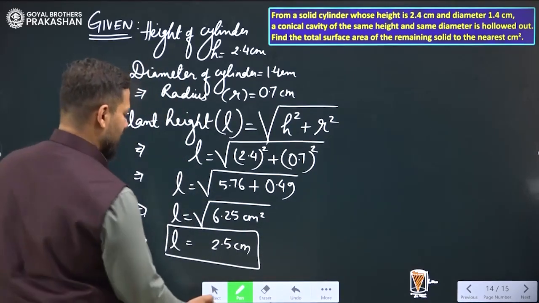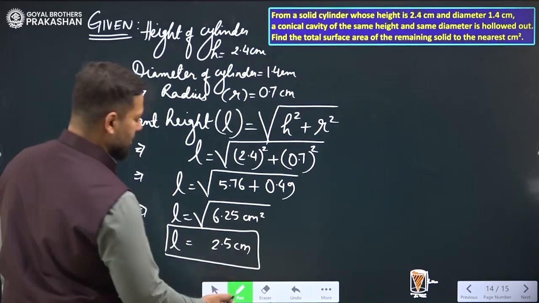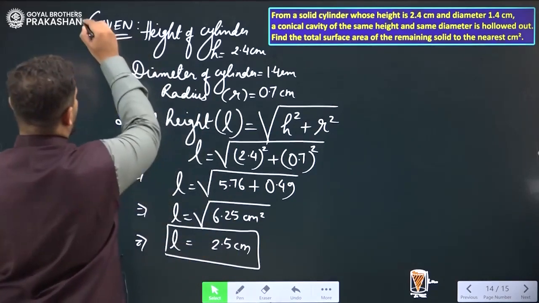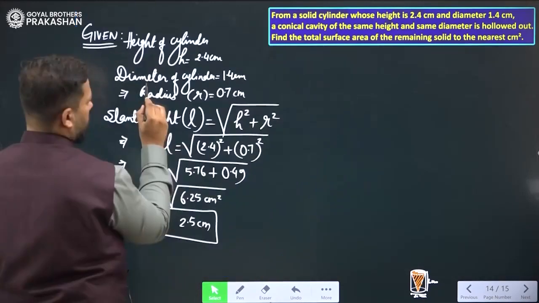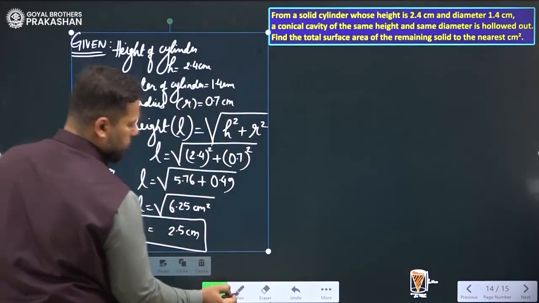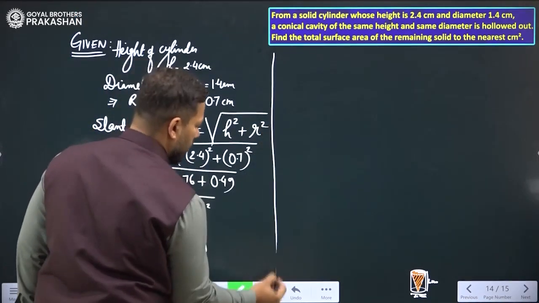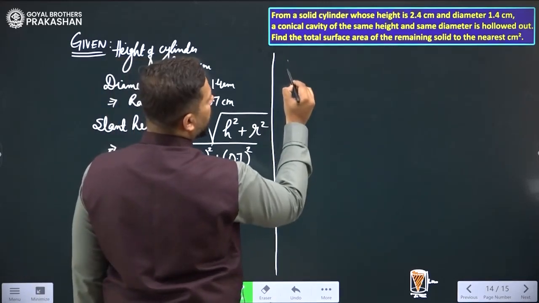Now as we have the slant height, the radius and the height of the structure, let us find out the total surface area of this. Okay, so here it is. We have now enough space to do the remaining portion. So what is going to be the total surface area?